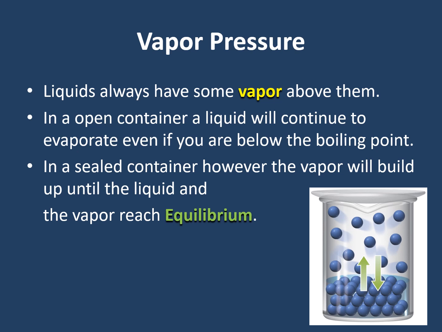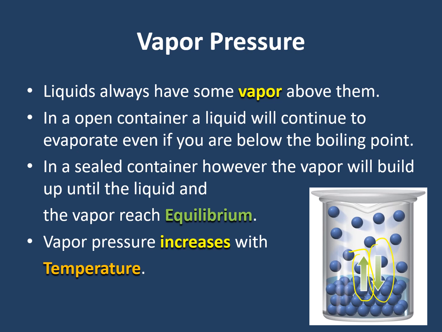At the same rate that our liquid is evaporating, it's also condensing. And so we have this constant amount of gaseous pressure of the pure substance in the gaseous state above the liquid. Now, vapor pressure will increase with temperature. So as we increase the temperature of our liquid, the vapor pressure will rise.